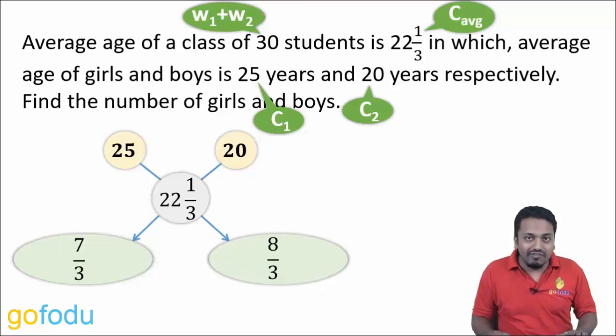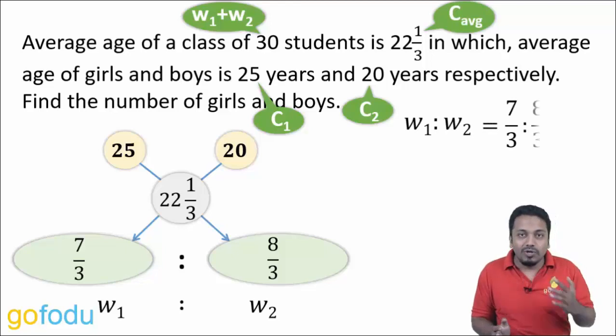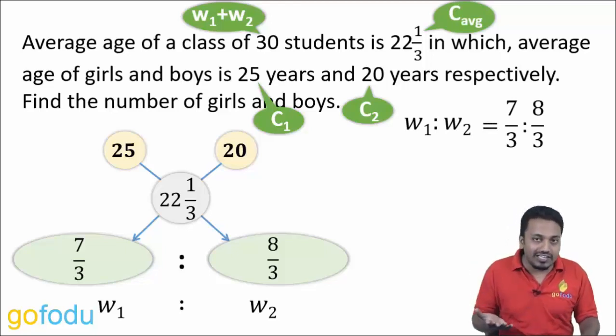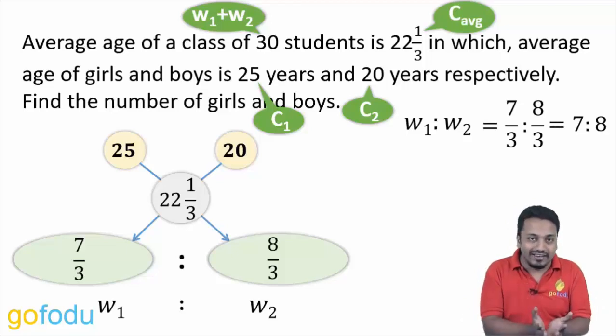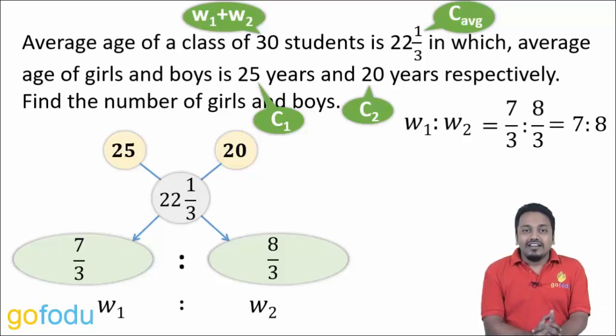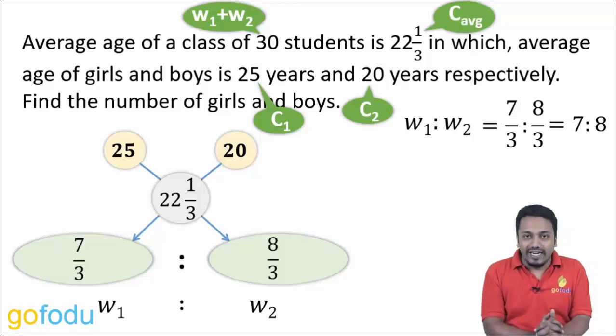This ratio is equal to W1 is to W2. So W1 is to W2 is equal to 7/3 is to 8/3, or we can say 7 is to 8, right? Number of girls is to number of boys is 7 is to 8.